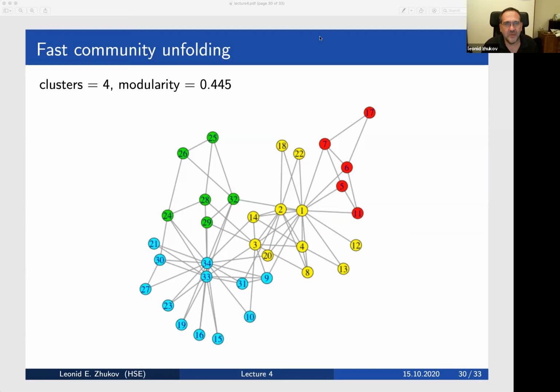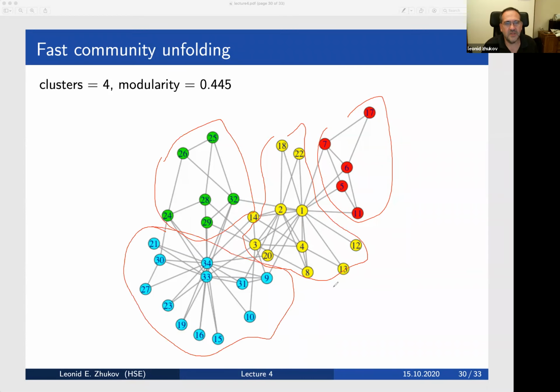To me, this is a little bit more natural, right? So there's this one cluster, one community. This is the second, the third, and the fourth, right? To me, this is quite a natural way to do it. The other algorithm couldn't find it, right? It offered 6 communities.